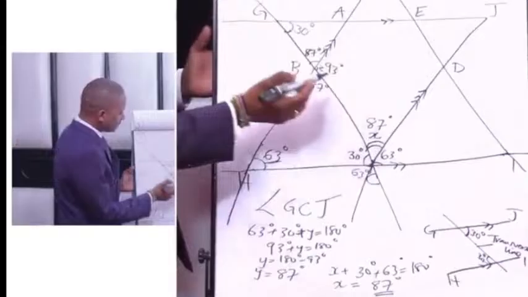PQRS is a rhombus. Up to that point, what do you know about a rhombus? A rhombus has all the sides equal. What do you know again about a rhombus?